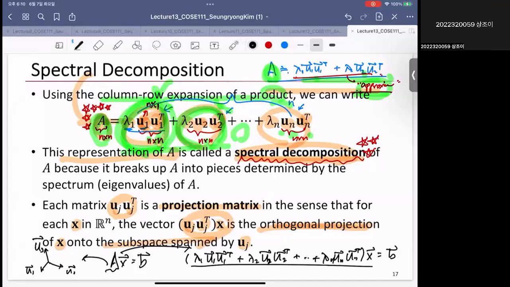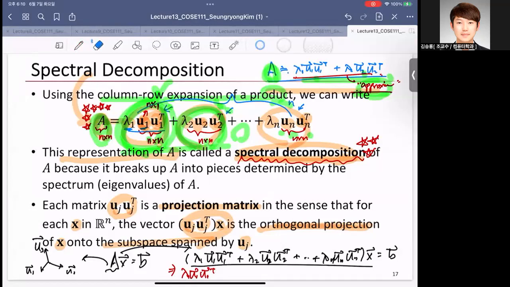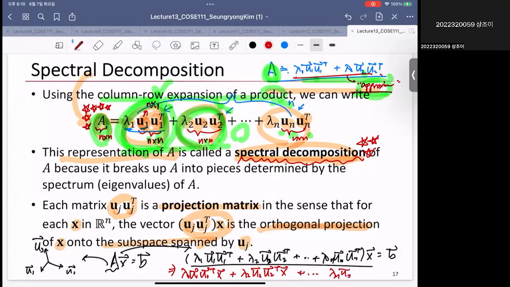Then this one is going to be lambda 1 u1 u1 transpose times x plus lambda 2 u2 u2 transpose x plus lambda n un un transpose times x.